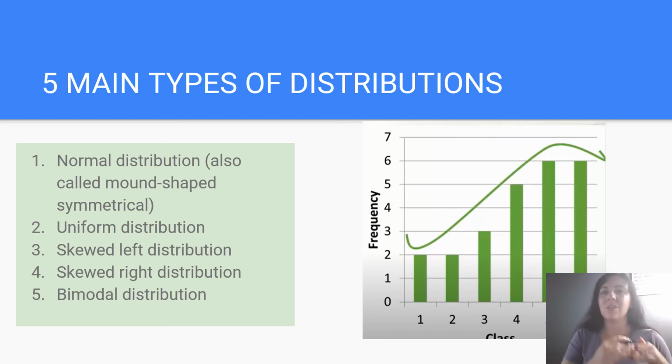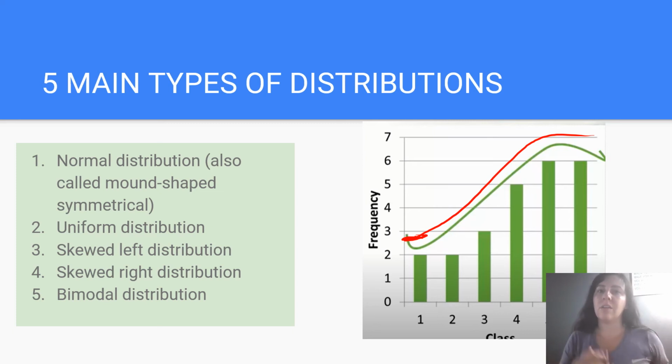So skewed left would mean the shorter end would be on the left-hand side, right here, and then it would just go up. That's how I would remember skewed left: it's lower on the left.